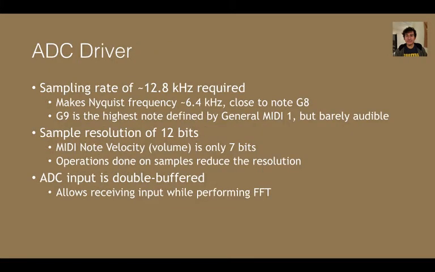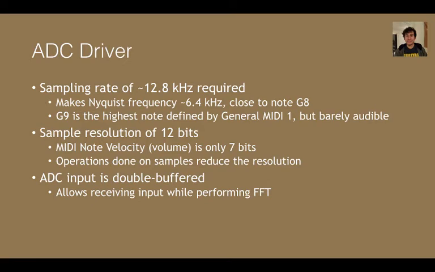To control the ADC, we use an ADC driver that makes the ADC collect samples at a rate of 12.8 kilohertz. This makes the Nyquist frequency 6.4 kilohertz, which is close to the note G8.